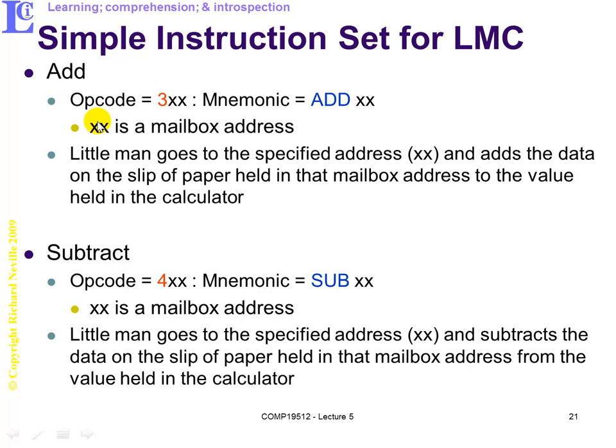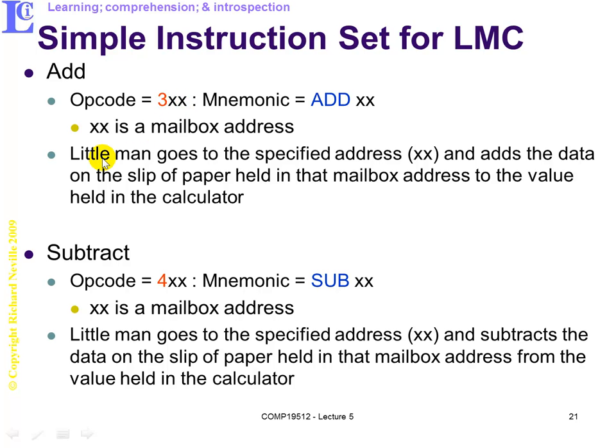So the add instruction, numerically 3, human-understandable mnemonic ADD, means that we add to the calculator the data from the mailbox address XX. So we're adding A to B, where B has to be retrieved from a specific address in the mailboxes.